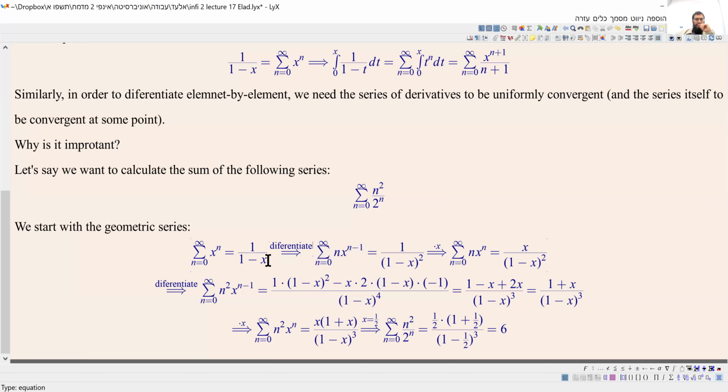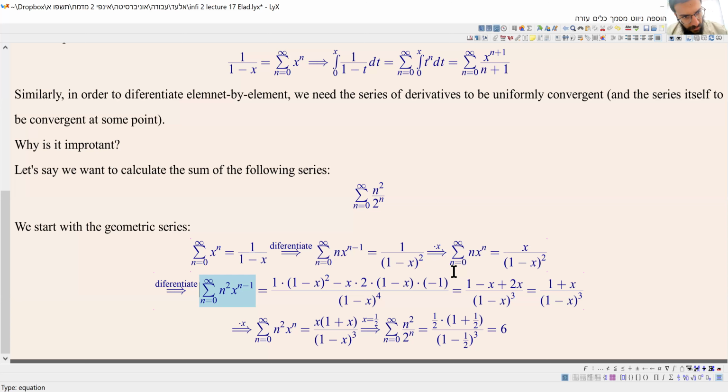I mean, here in this differentiation, we need to know that this series is uniformly convergent, and here we need to know that this series is uniformly convergent. Every time you differentiate, you have to prove it.